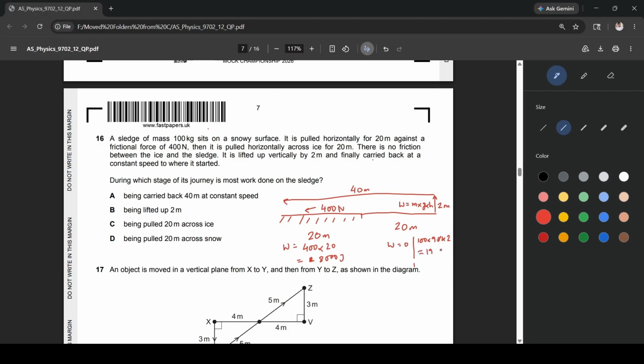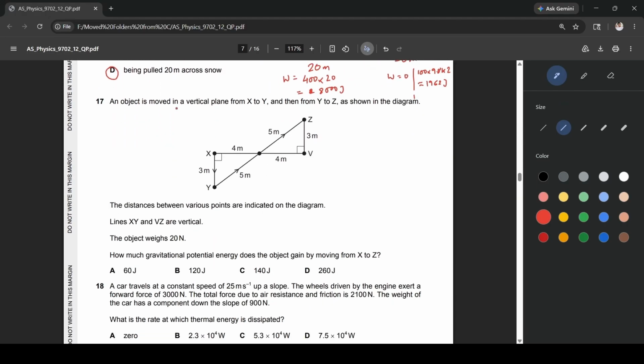Actually, it's 1962 joules. And in the fourth part of the journey, again, the work done is 0 because it's being carried 40 meters without any resistive forces. So the most work is done by the first part of the journey, being pulled 20 meters on snow. So the answer would be D, being pulled 20 meters across snow.